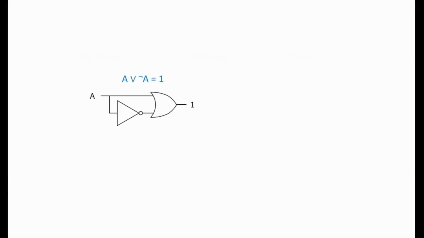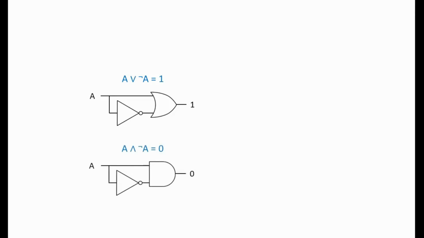The next few laws involve NOT gates. In this combination, the OR gate is being fed input A along with its inverse. So the OR gate is always being fed a 1 and a 0, regardless of the value of A. The output of the OR gate in this arrangement must therefore always be 1.